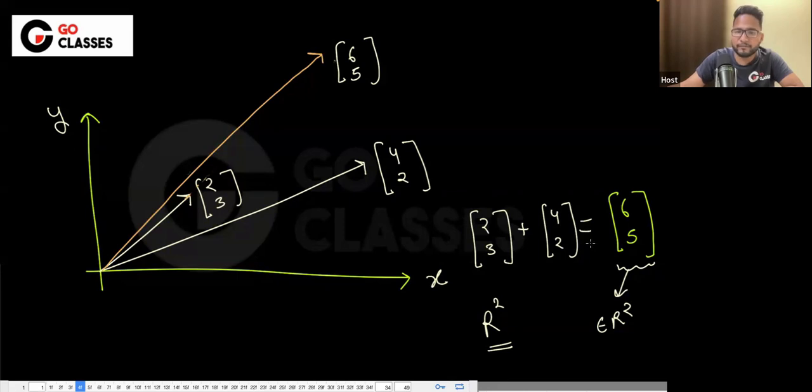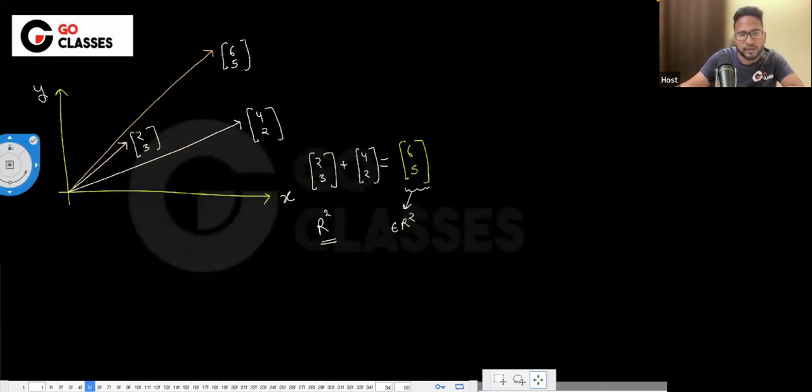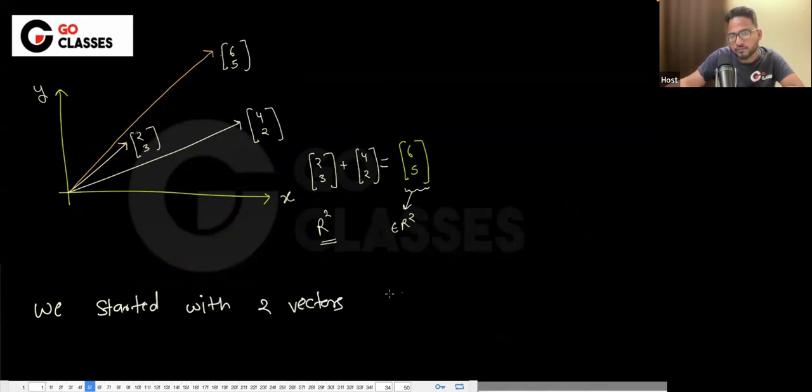Is this fine? What I'm trying to say here is that you started with two vectors. And what are those two vectors? 2 3 and 4 2. Let me also write it. We started with two vectors, 2 3 and 4 2.